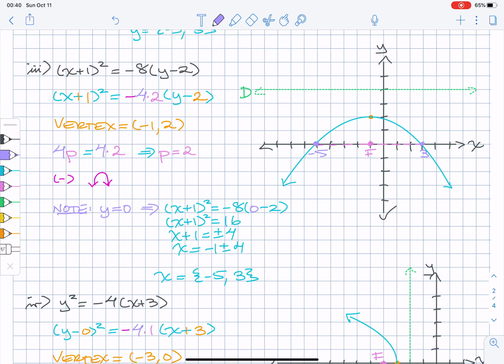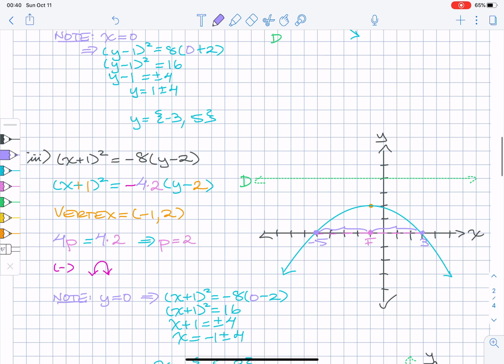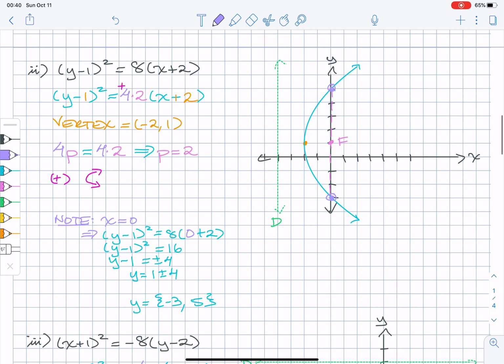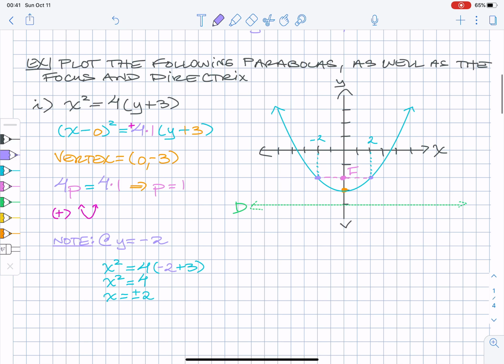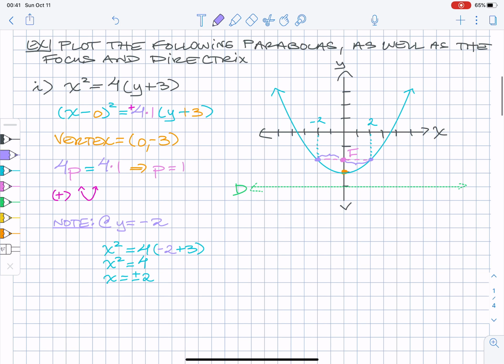Let's look at this distance here and this distance here. That's 4 on either side of the focus. Interesting. Now this distance here is also 4. This distance here is also 4 on either side of the vertex. But this distance here, this was 2. This was 2. So what's the difference?